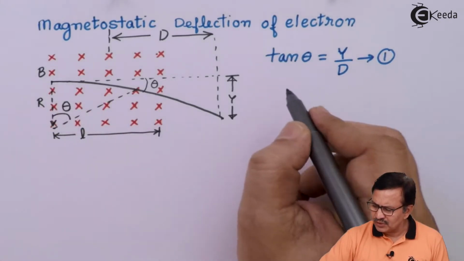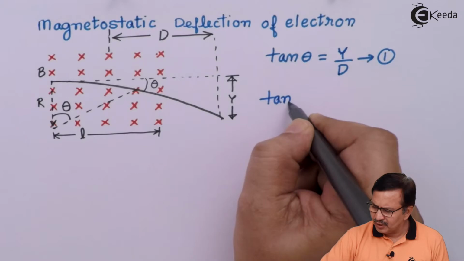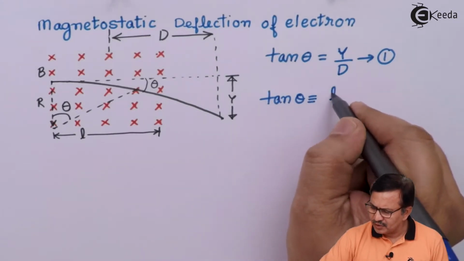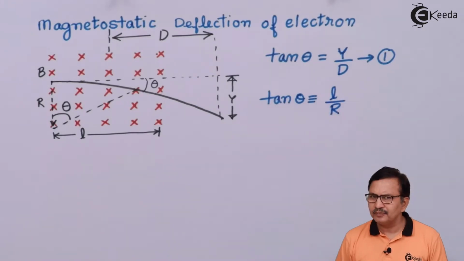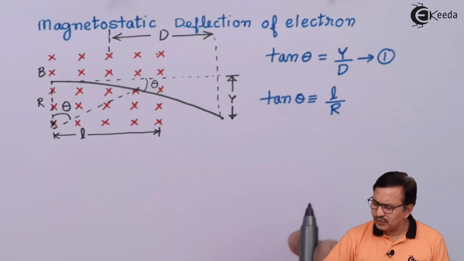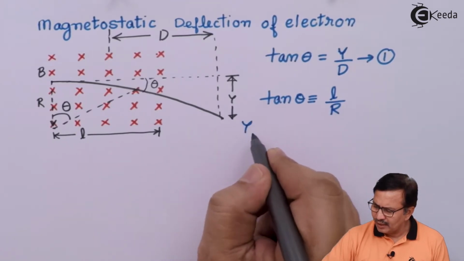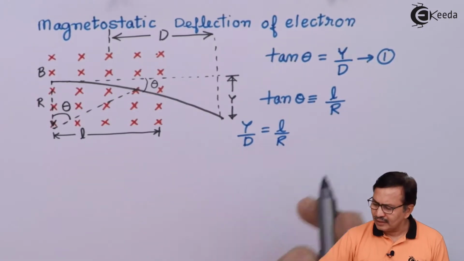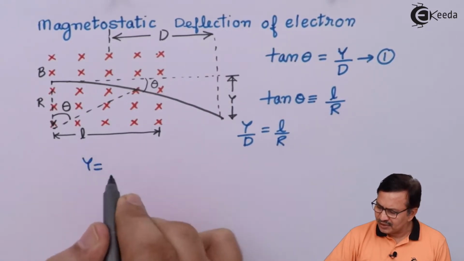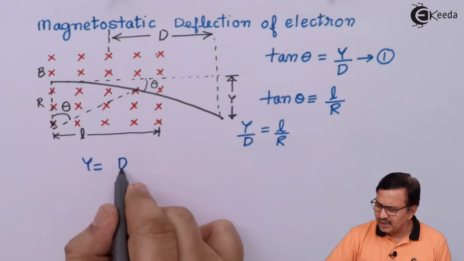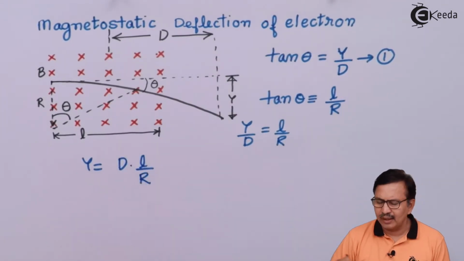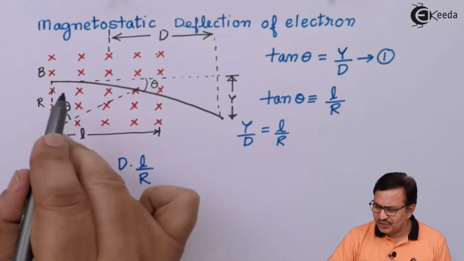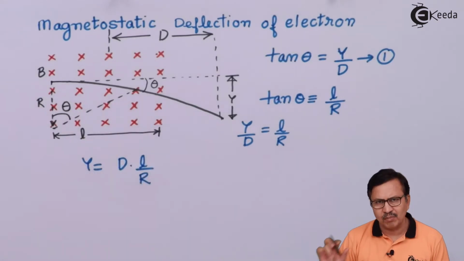Similarly, you can also say that tan of theta is equal to the opposite side, which is going to be L divided by R. We can now equate these two together, and you can say that y upon d is equal to L upon R, and thus your deflection, that is the y, is equal to d into L divided by R. R is nothing but the radius of that particular circle which this arc is a part of.